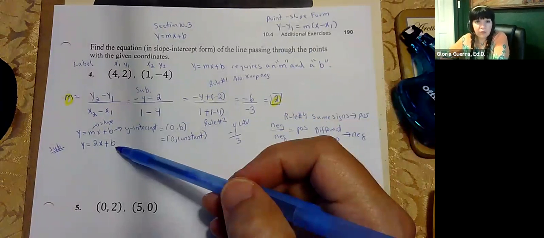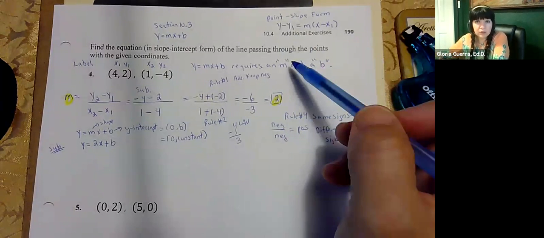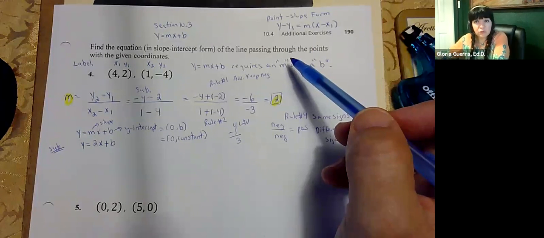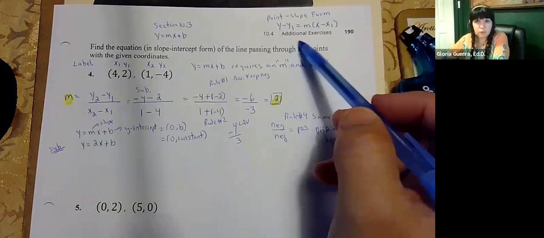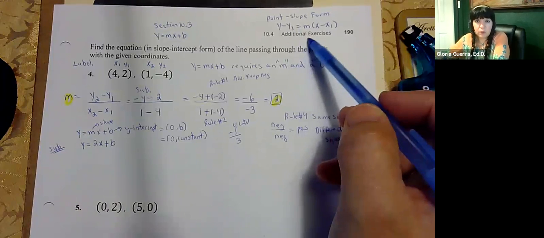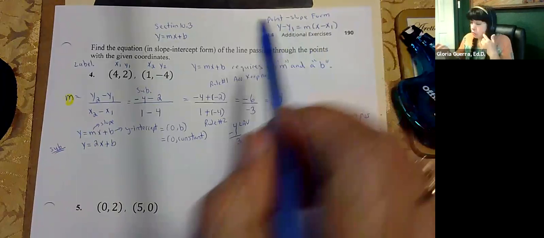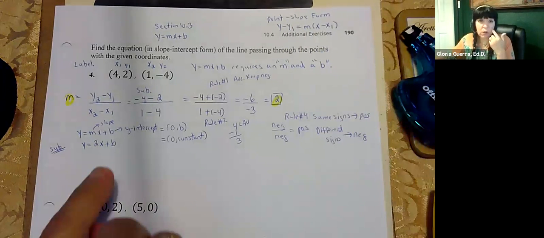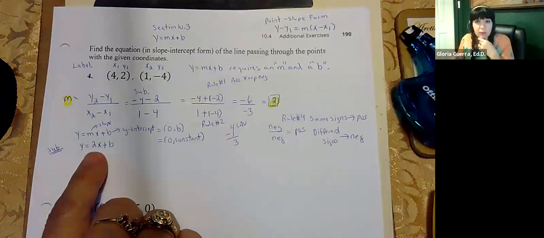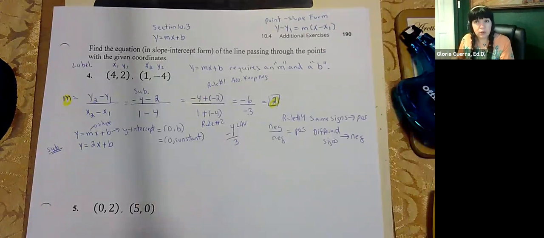One way to find your y-intercept is to use this formula, and it will calculate it. But there is another formula that uses y equals mx plus b, and it will also give you your y-intercept.